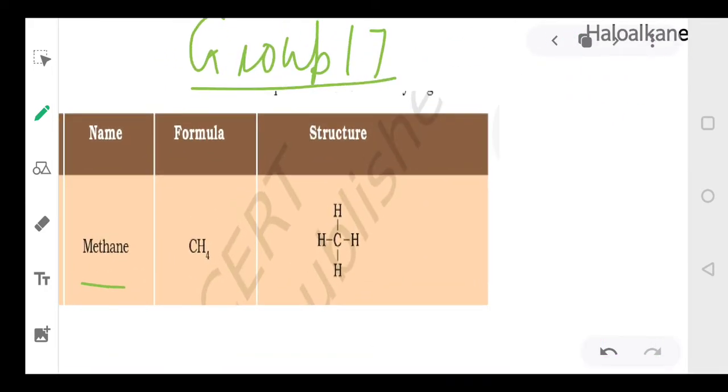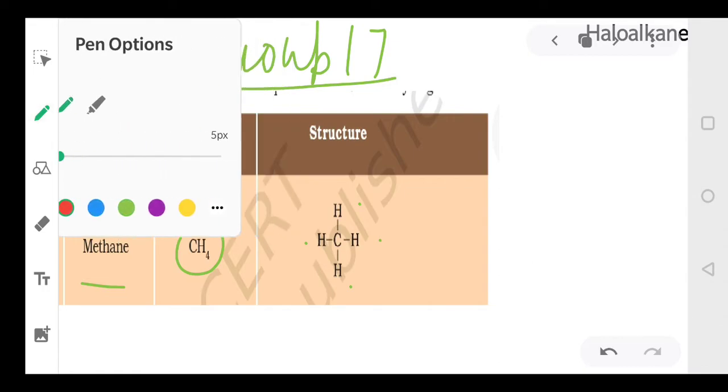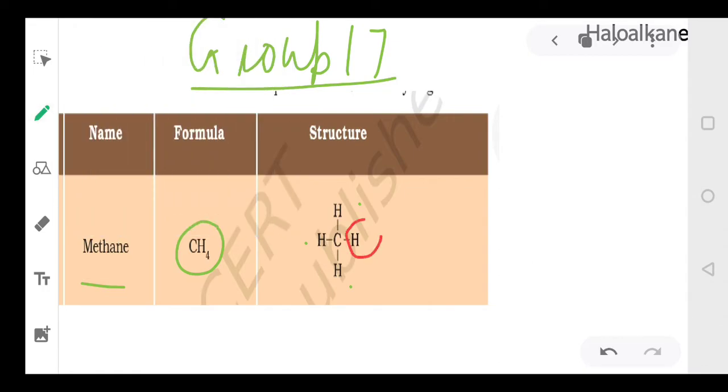The formula is CH4 and the structure is C with four H. Let's suppose this hydrogen atom should be replaced with a chlorine atom. Rest will remain the same. This is H, this is H, this is H. But this H will be replaced by chlorine atom.